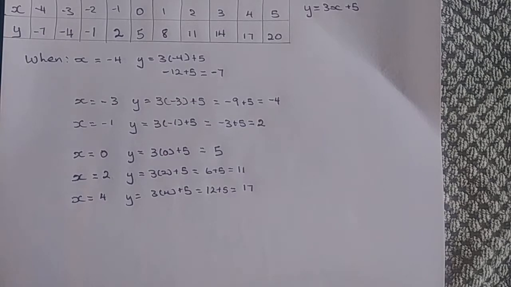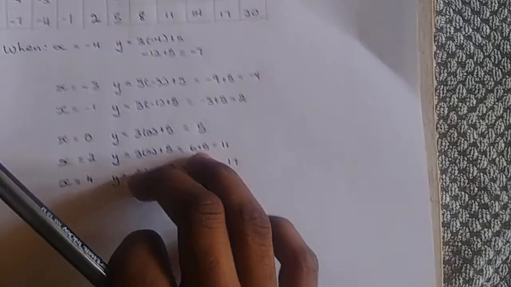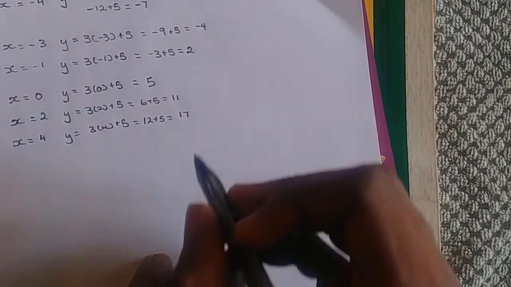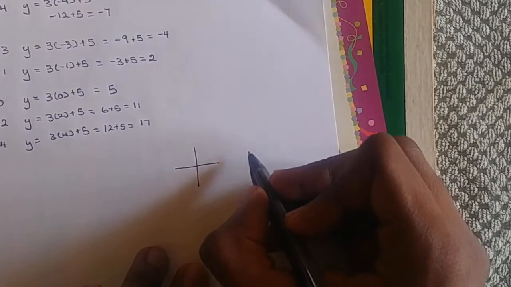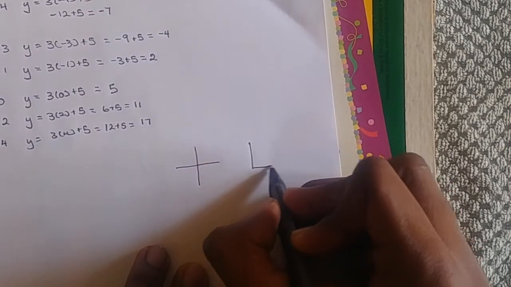You need to look at your table, because the Cartesian plane, which is what you plot your graph on, can be arranged in many different ways. You can have the Cartesian plane going like this. You can have the Cartesian plane going like this.